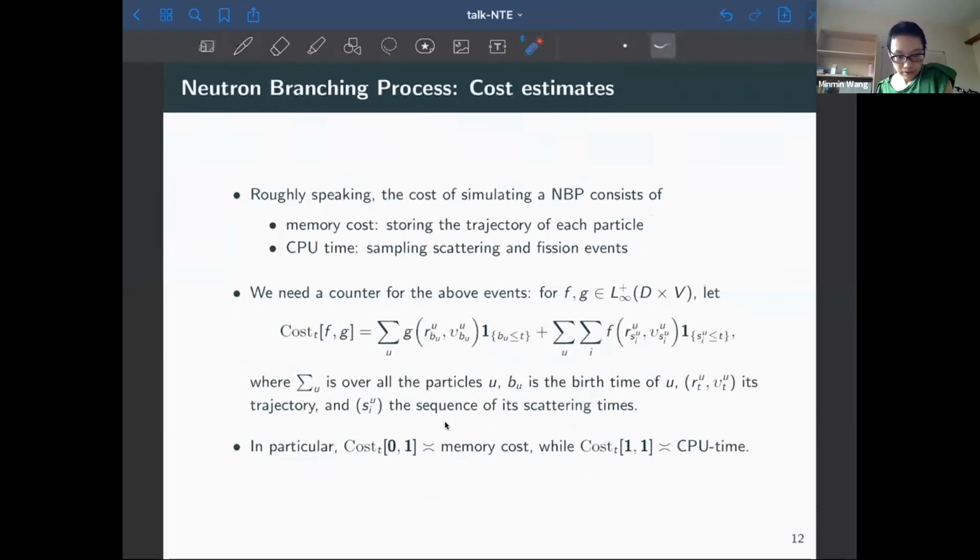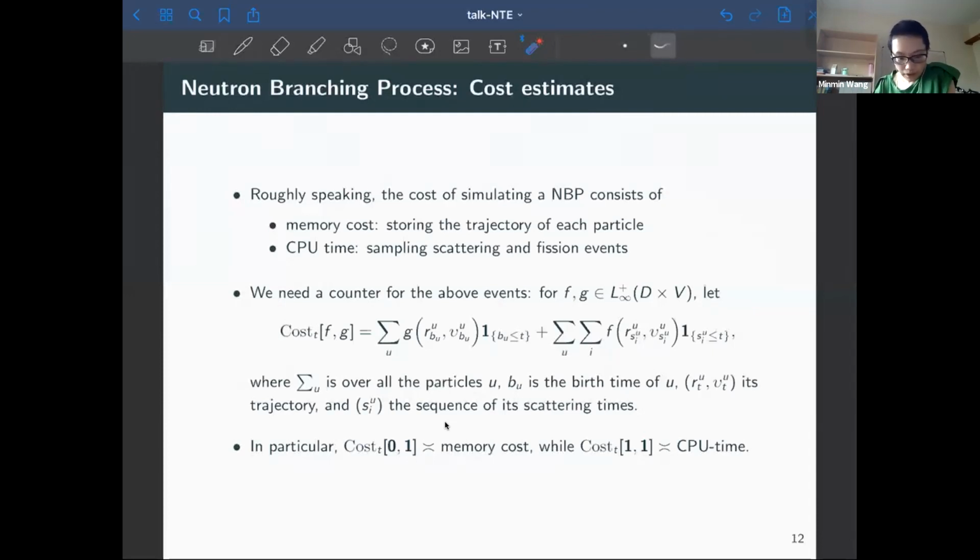There's the memory cost, which consists in storing the trajectory of each particle. And then there's also the CPU time cost, where you're doing a lot of sampling of the scattering and fission events. Basically this means that we need a counter for all these kinds of events. Okay, so let's devise such a counter.